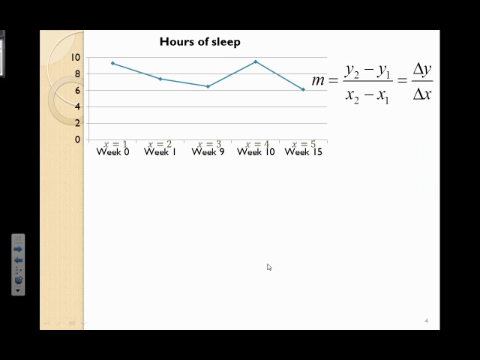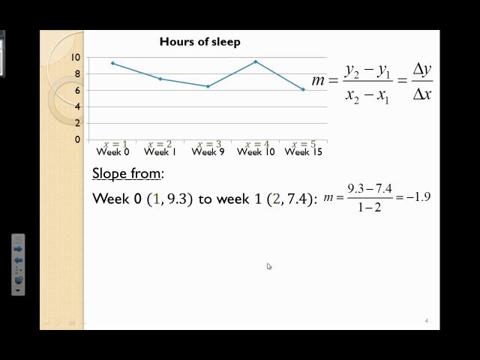So, giving it the x values just to make it clear, when we do the slope, we would take the slope from week 0 to week 1, put it into the formula, y sub 2 minus y sub 1 over x sub 2 minus x sub 1, and we get minus 1.9, or almost 2 hours, 1.9 hours less of sleep from week 0 to week 1.